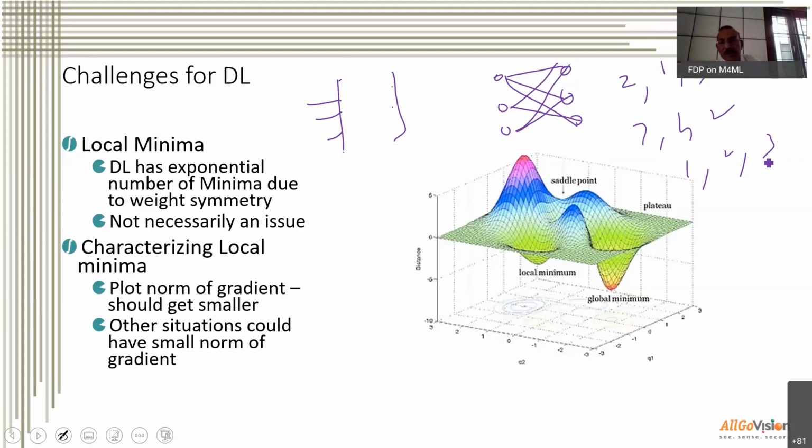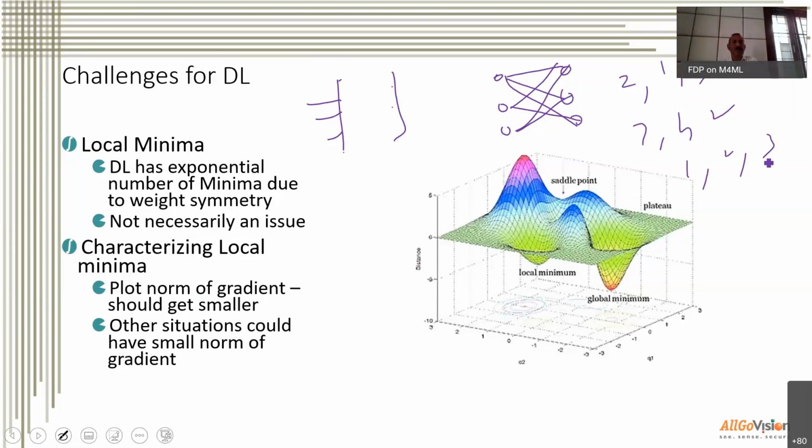They're never going to be one minimum. But that's not necessarily an issue, but it makes it harder. If there is a problem where there is only one minima, then the optimization solver has an easy time going towards that. Whereas if there are multiple minima, then it sometimes gets confused about where it is heading.